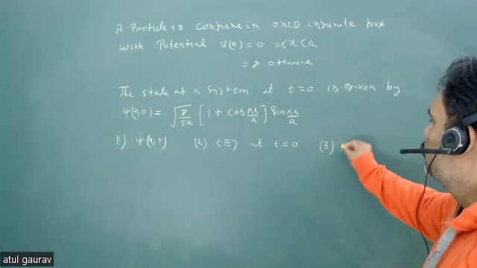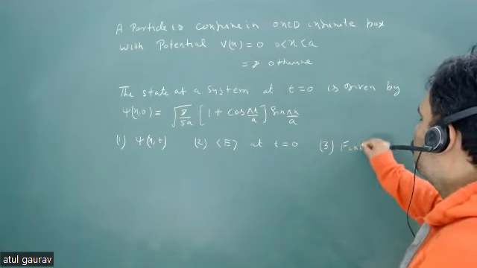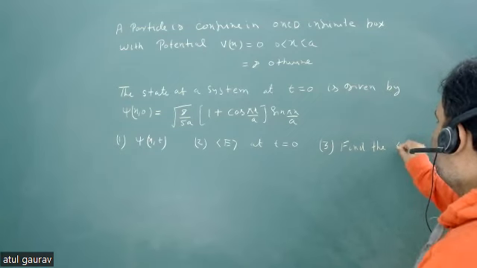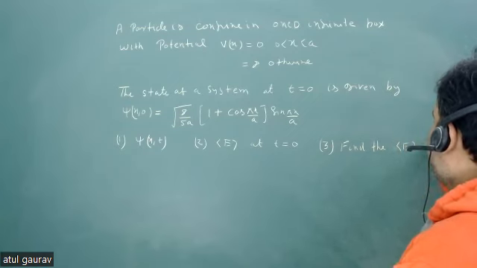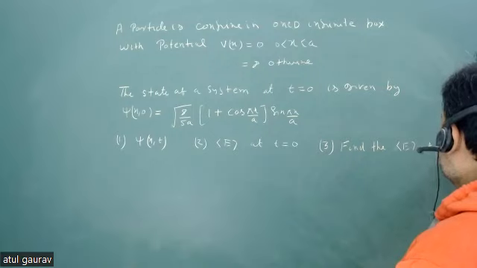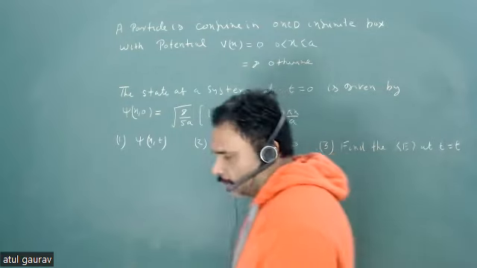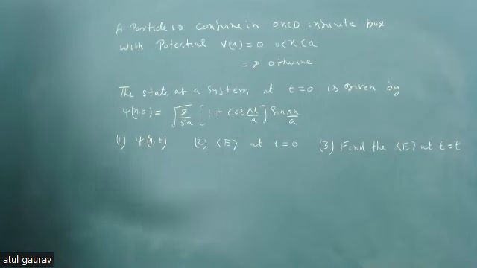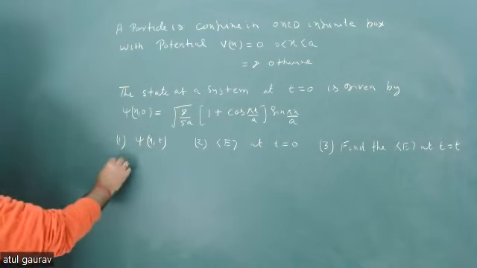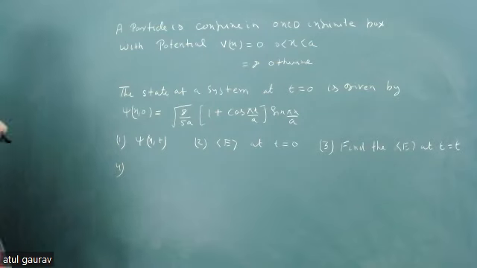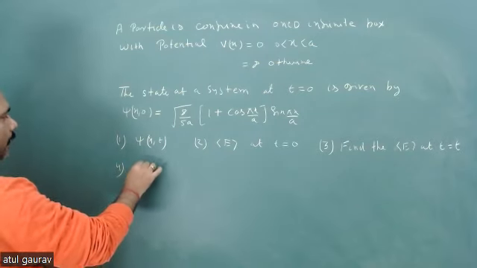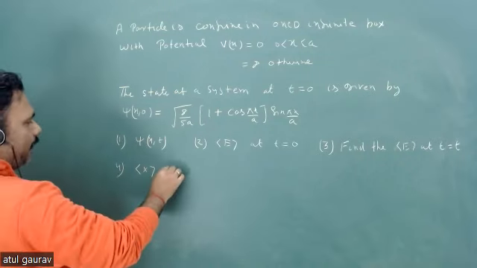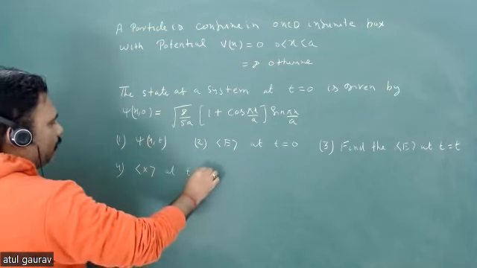Find the average value of energy at t equal to t. बहुत सारे क्वेश्चंस बनेंगे इसमें, एक ही क्वेश्चन से सारा ही हम लोग कैलकुलेट कर लेंगे. Question 4, find the expectation value of x at t equal to 0.